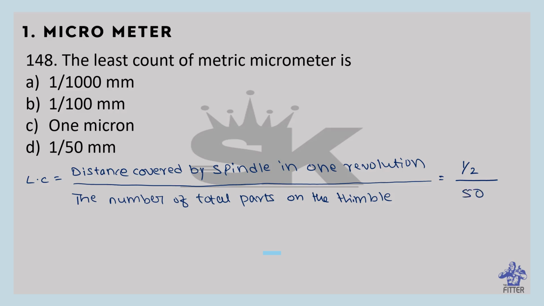So least count equals 1 by 100 mm, or 0.01 mm. So option B is the right answer.